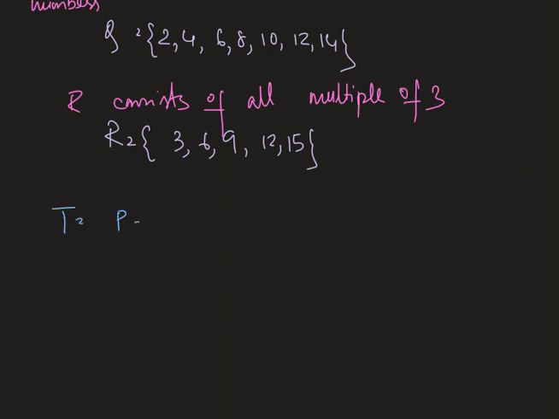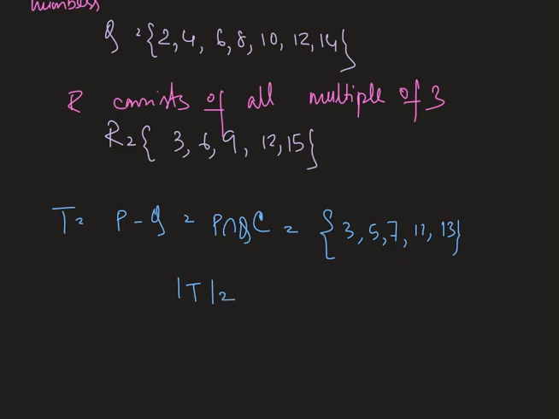T is equal to P minus Q, that means P intersection Q complement. So here we have those elements which are in P but not in Q. So they are 3, 5, 7, 11, and 13.